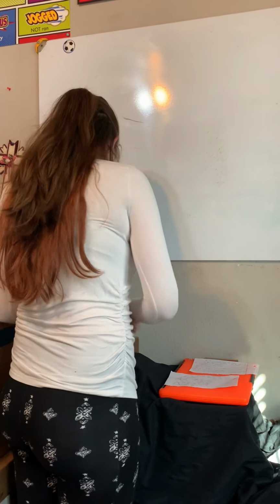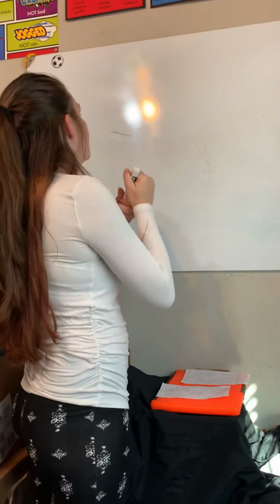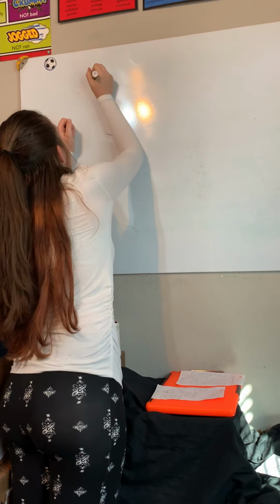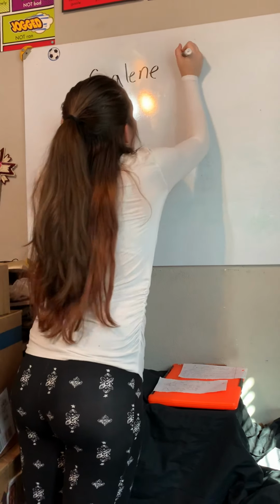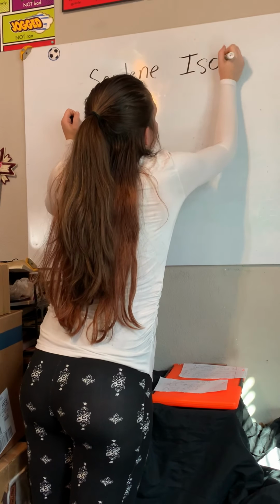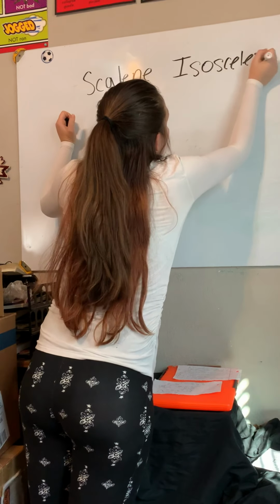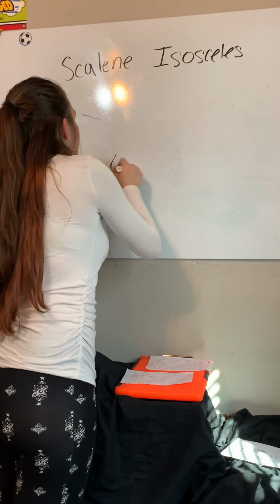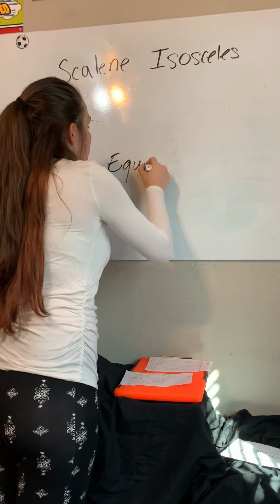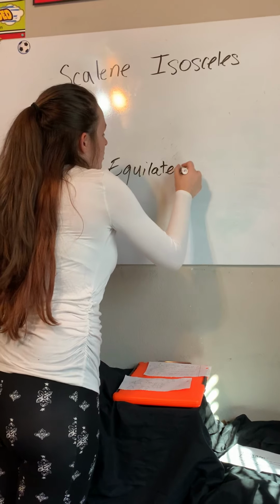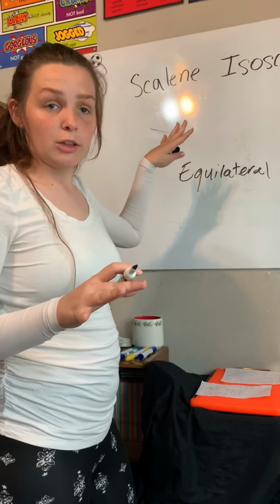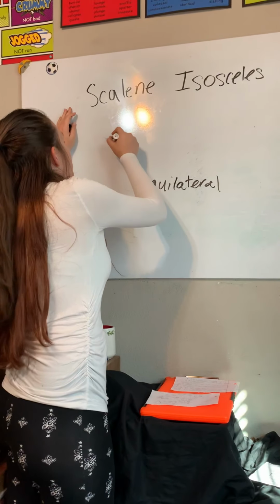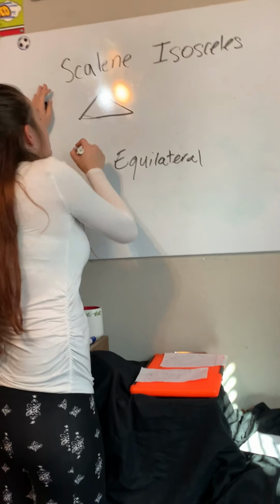So the types of triangles we have are a scalene triangle, the isosceles triangle, and also the equilateral triangle. How you can tell the difference between all of these is the scalene triangle has no equal sides.